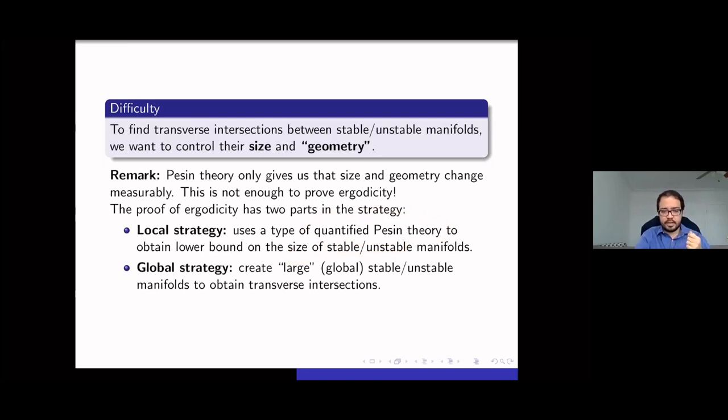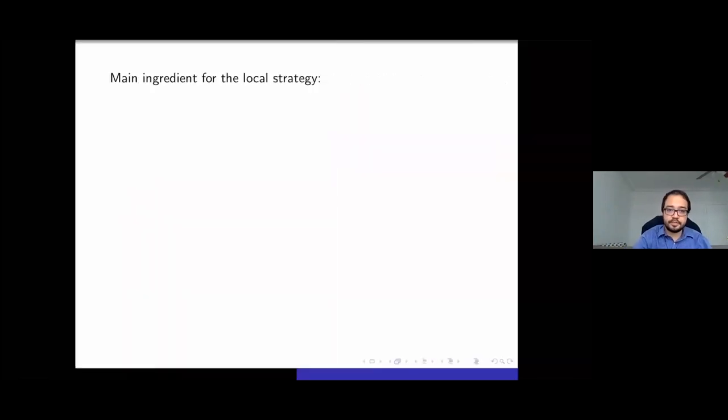And it turns out that at the points you're looking at, you can also get some control of the geometry of these manifolds of these directions. Once you have this local strategy, you use more of the specifics of the example for the global strategy, to actually get intersections between these manifolds for different points. Okay. So let's jump first into the local strategy.